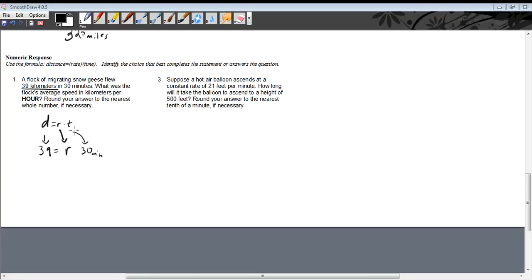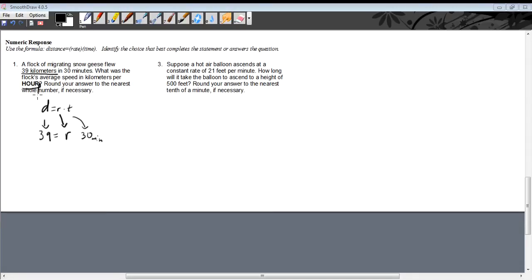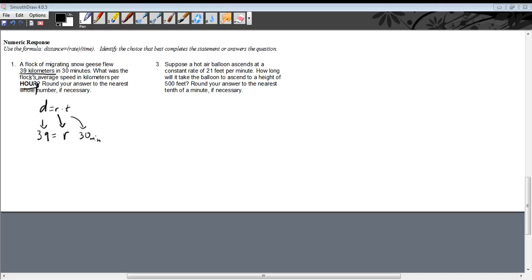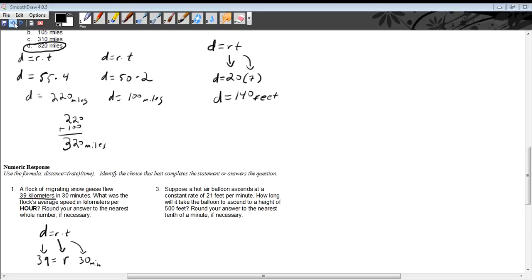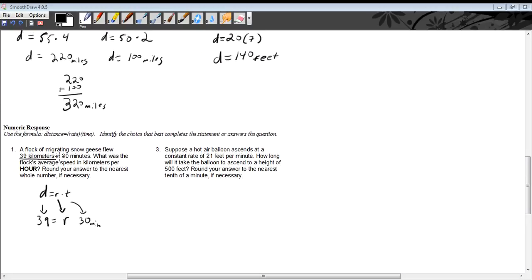Now, before I do this problem, I made sure to capitalize this and to bold it. It's per hour. So instead of writing 30 minutes, let's have it in hours. So I'll write over here 30 minutes, and an hour is 60 minutes.